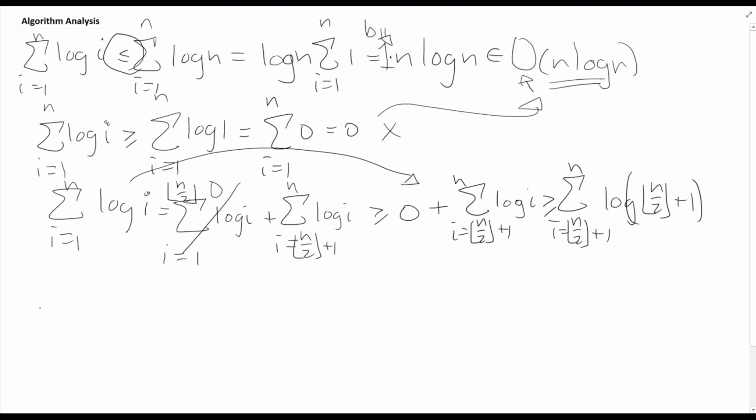Now I'm going to remind ourselves of a notation that I use. When I do steps that are algebraic, I usually use an equals. When I do steps that are approximations, I use a greater than or equal to, like this last step where I approximated the i with the floor of n over 2 plus 1. That was an approximation step, so I did that. But in my next step, I'm just factoring this out front, and that's just an algebraic step.